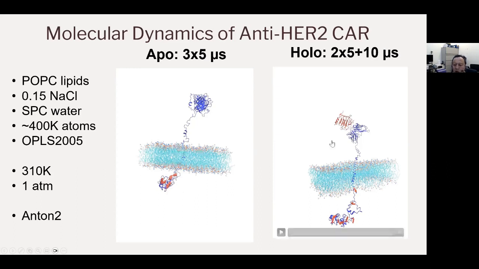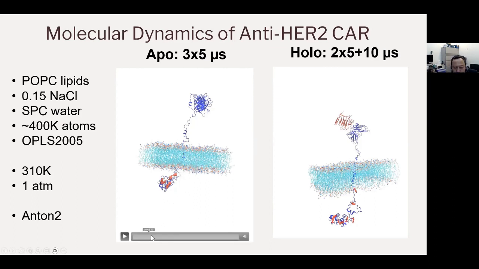Then we build the whole system, including the antigen-bound one, and we want to compare. The simulation length is microseconds, and we do multiple simulations to make sure we get statistical significance.